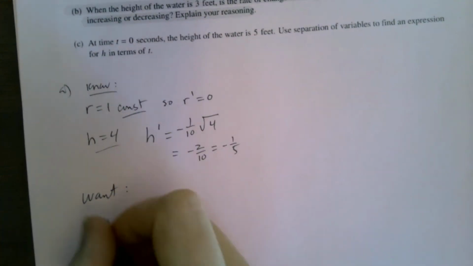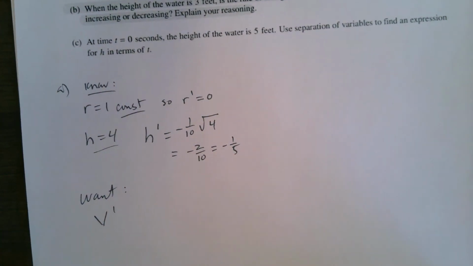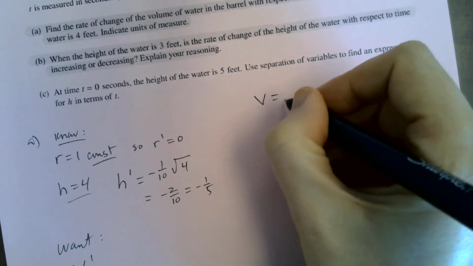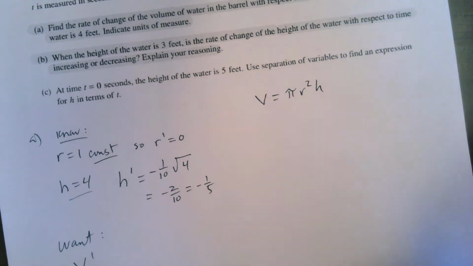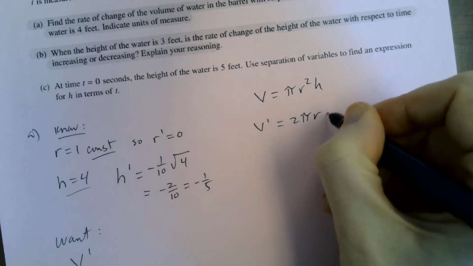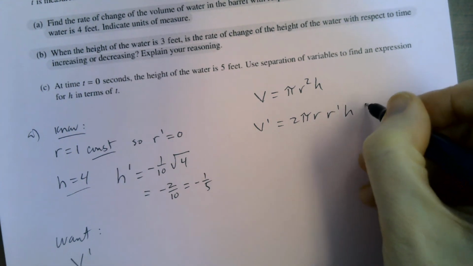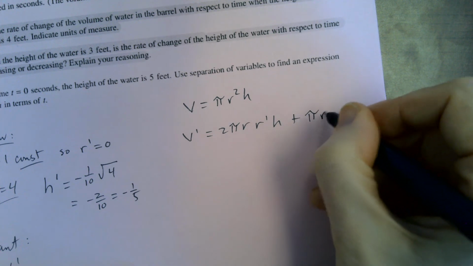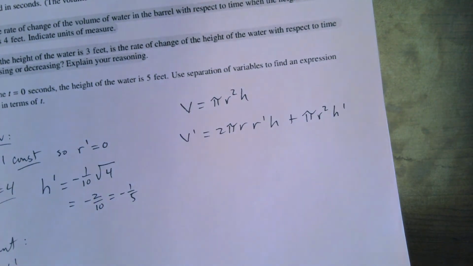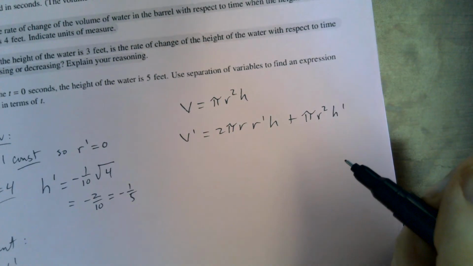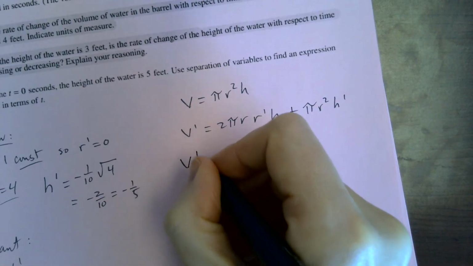All right, now what do we want? We want V prime. So I'm going to take V equals pi r squared h, and I'm going to take its derivative. So V prime equals 2 pi r prime h plus pi r squared h prime. Then I'm going to plug in this stuff.